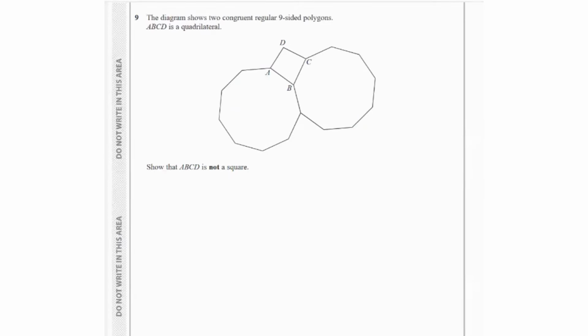Then it says the diagram shows two congruent regular 9-sided polygons. ABCD is a quadrilateral. Show that ABCD is not a square. So let's find the interior angles of the congruent regular 9-sided polygons. Since it's 9-sided, your interior angle formula is (n minus 2) times 180 over n.